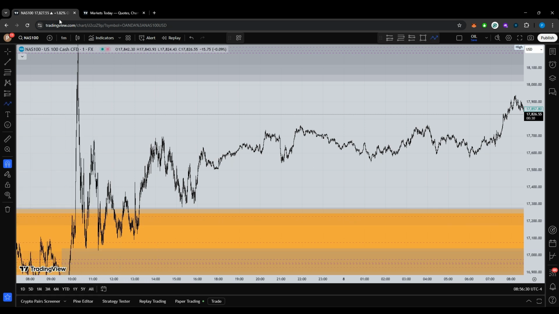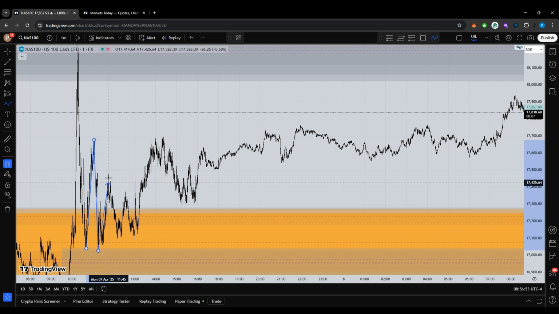The path. All right. So from this high to this low, right? Then after that, it goes up here, comes down here, takes out the low. So now technically we're within the range of this leg, right?